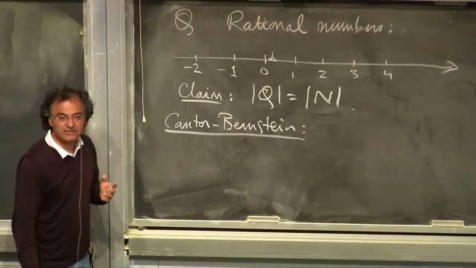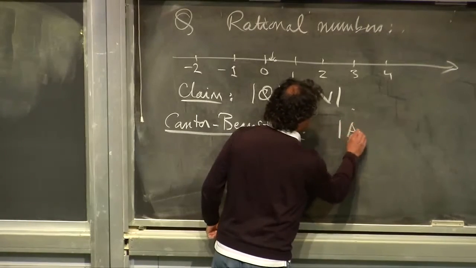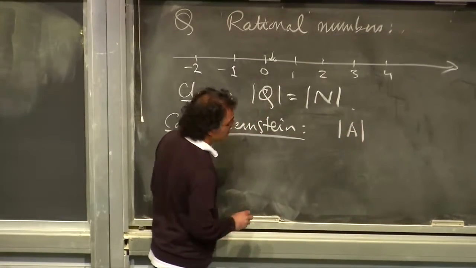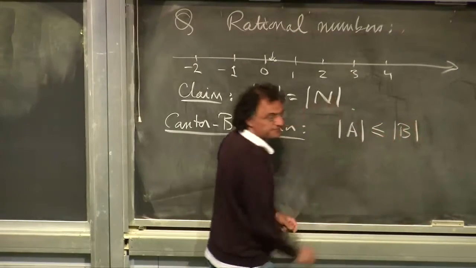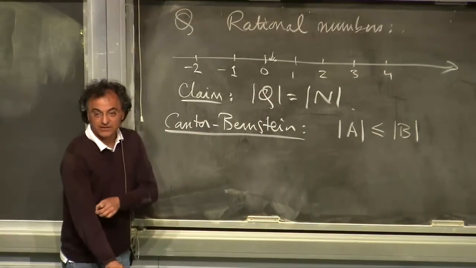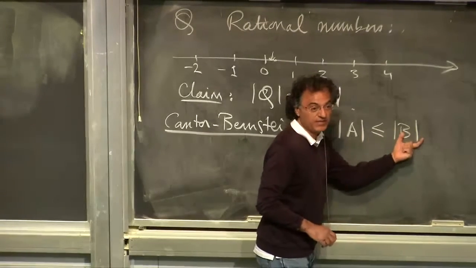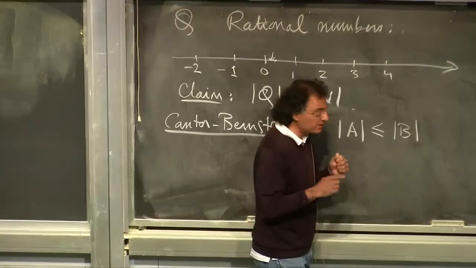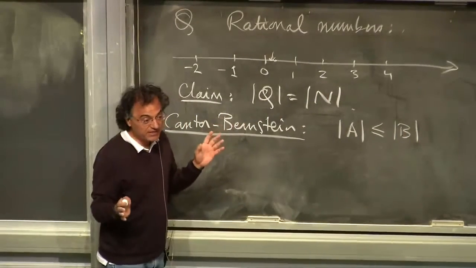And what it says is, how do we show that the cardinality of A is less than or equal to the cardinality of B? The way you can show that is just by showing a one-to-one function from A to B. It doesn't have to be a bijection.